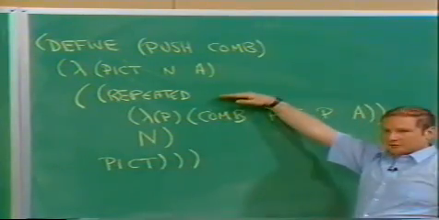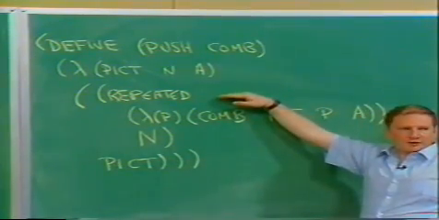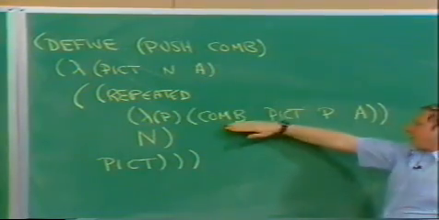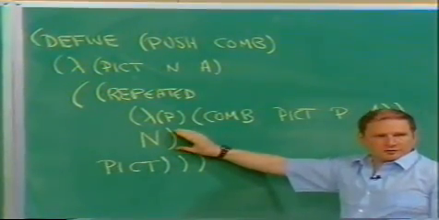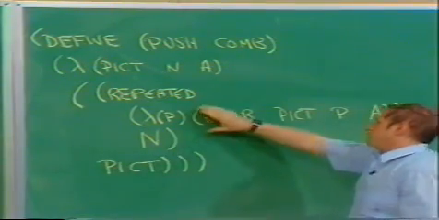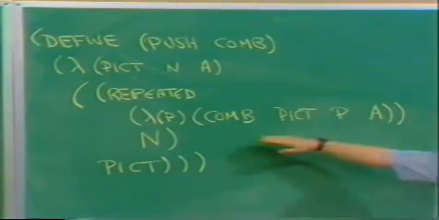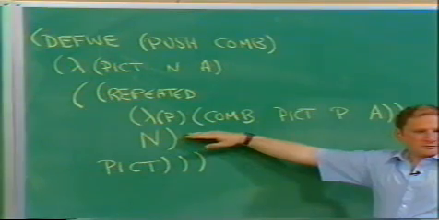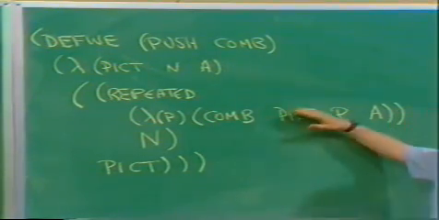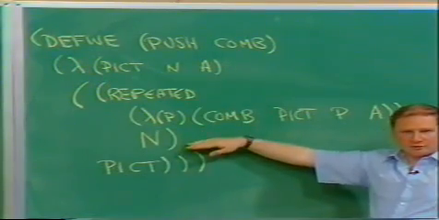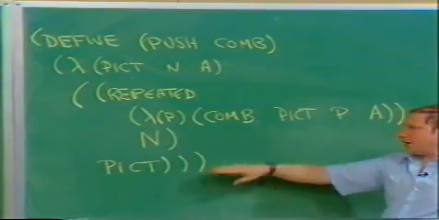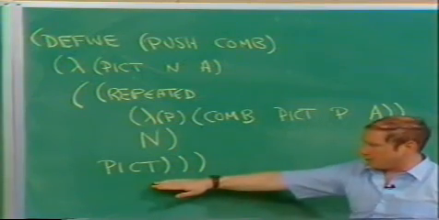Repeated here, in case you haven't seen it, is another higher order procedure that takes a procedure and a number and returns for you another procedure that applies this procedure n times. And I think some of you have already written repeated as an exercise, but if you haven't, it's a very good exercise in thinking about higher order procedures. But in any case, the result of this repeated is what I apply to picture.